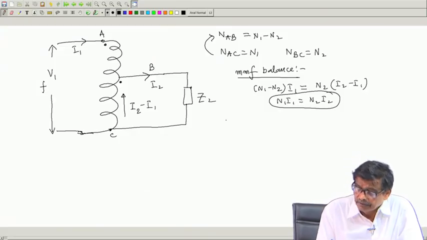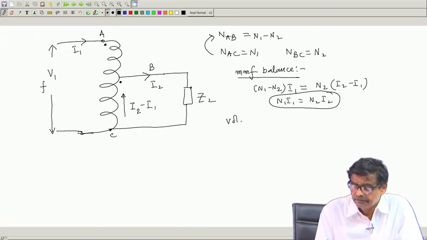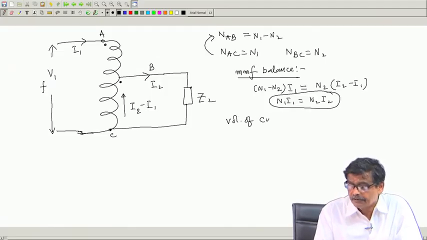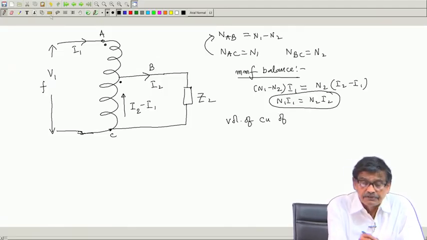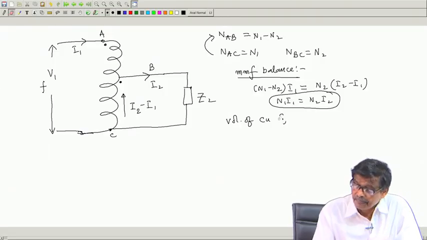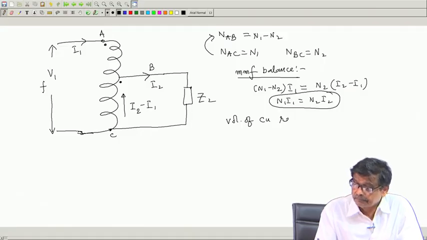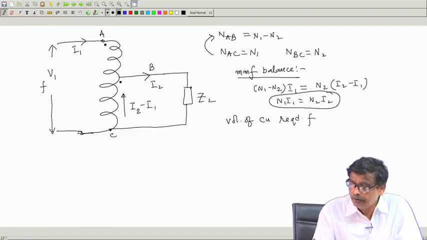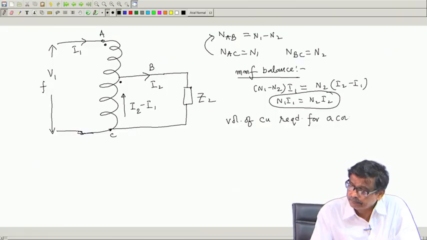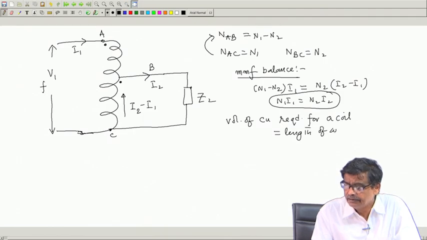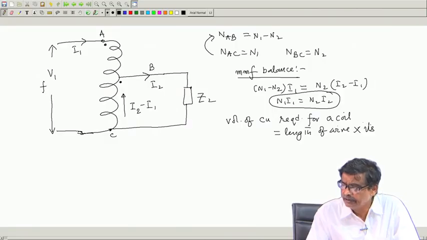Now, the volume of copper required for a coil will be simply the length of wire into its wire cross sectional area.